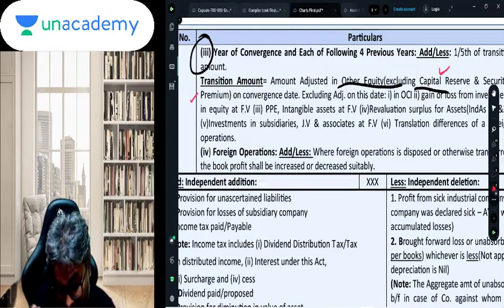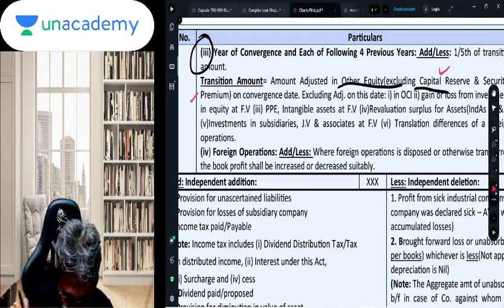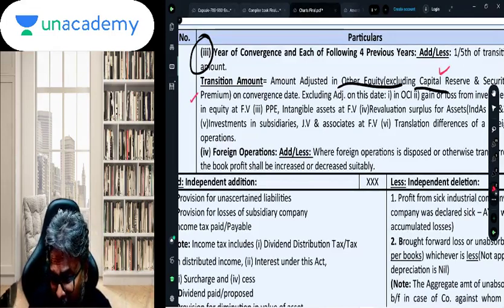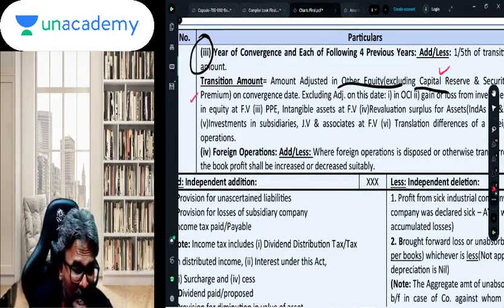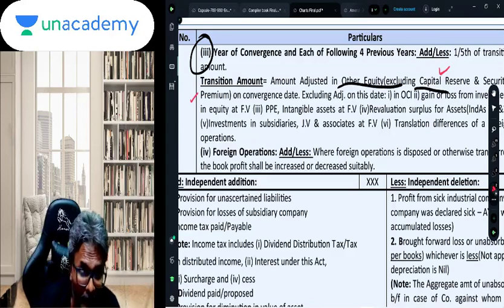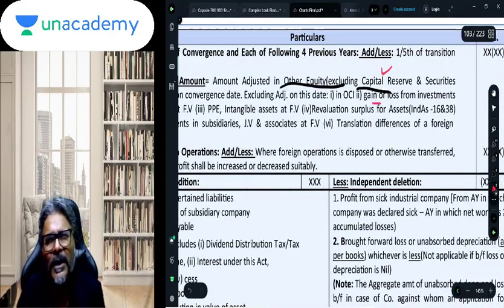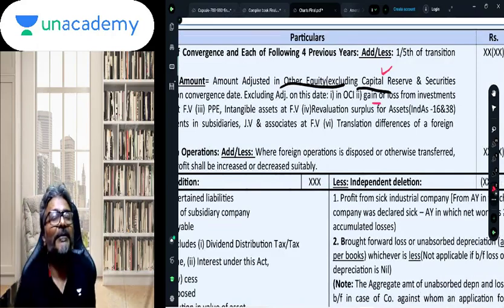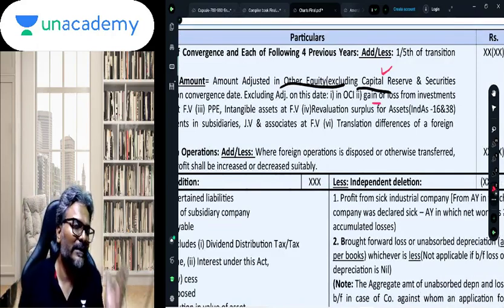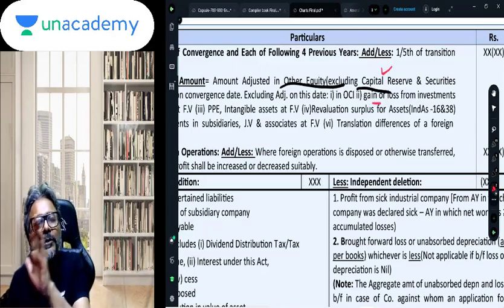In the examination, if they tell you that the transition amount comprises capital reserve or share premium, kindly ensure to exclude the same in computing the transition amount. Apart from that, what else? The same item we have discussed just now: the asset revaluation from the historical cost to the fair value.